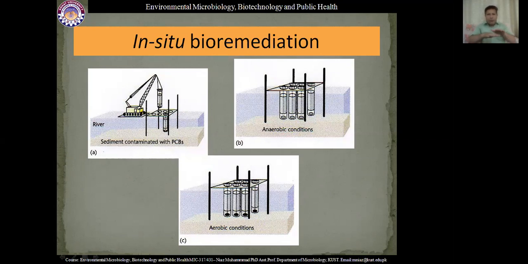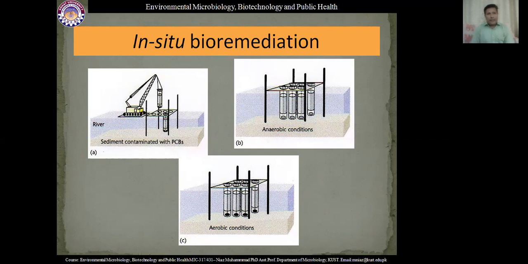Here we can see that sediment may be present in lakes, oceans, rivers, and ponds, and pollutants from the surroundings go to the bottom of the pond, lake, or water reservoir.